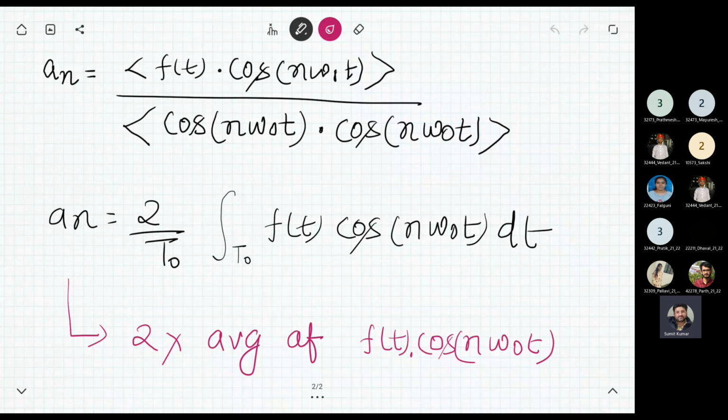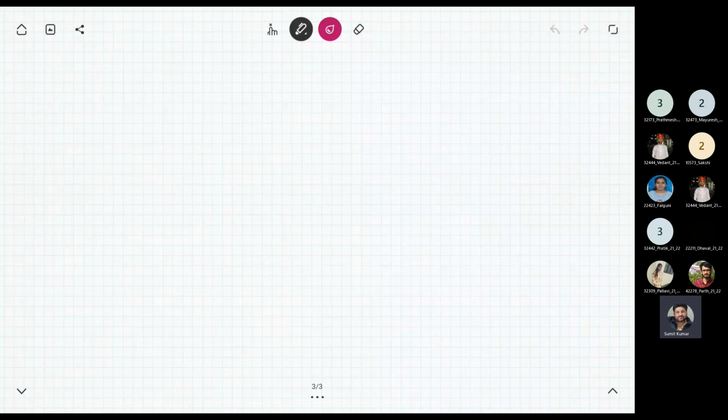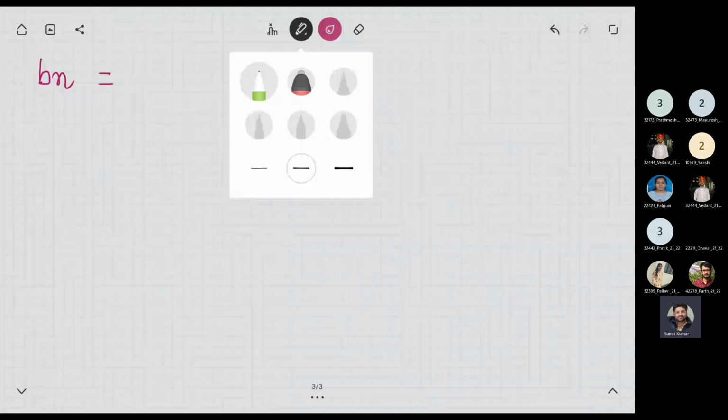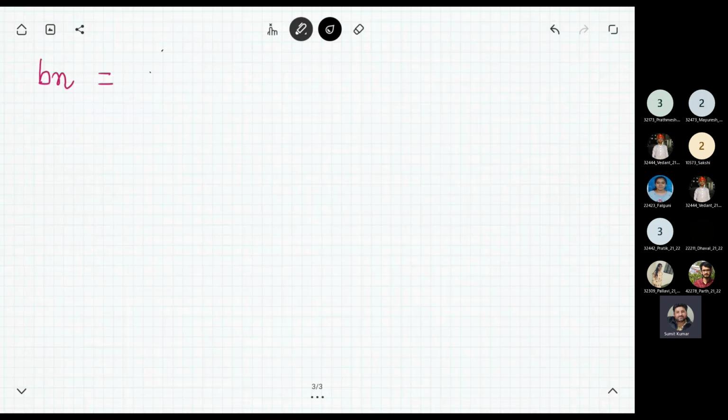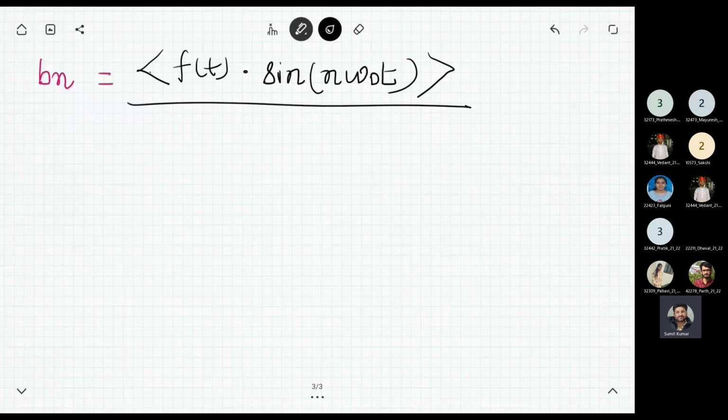Okay, and after that we had this b n. b n is equal to the dot product of f(t) with sine n omega naught t, divided by the dot product of sine n omega naught t with itself.